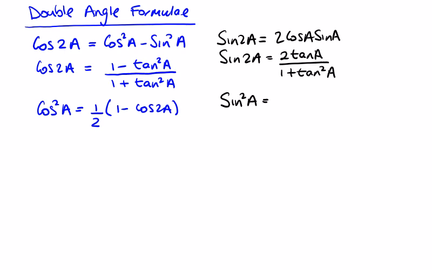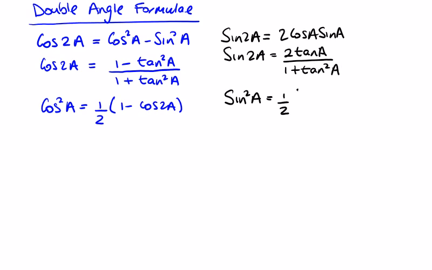Sine squared A is equal to 1 over 2 times 1 minus cos 2A. So it doesn't have a sine 2A, it's cos 2A, with sine squared outside the bracket. So they're the double angle formulas for cos and sine.